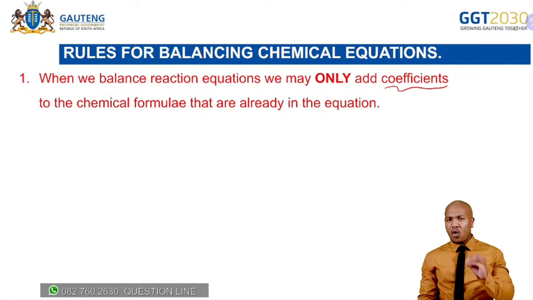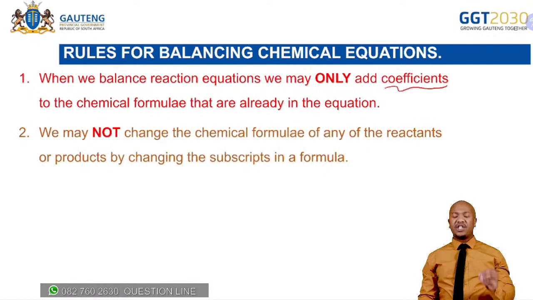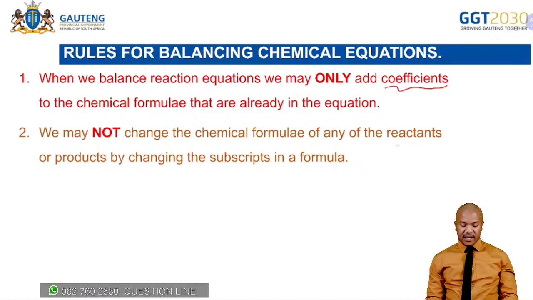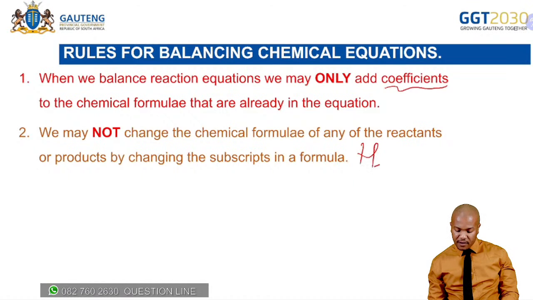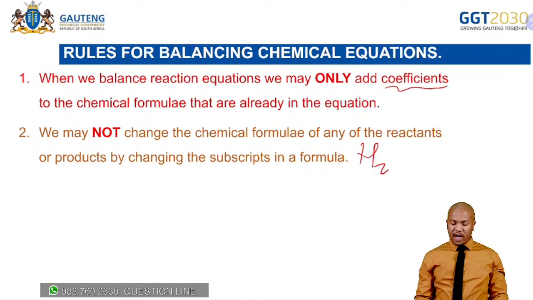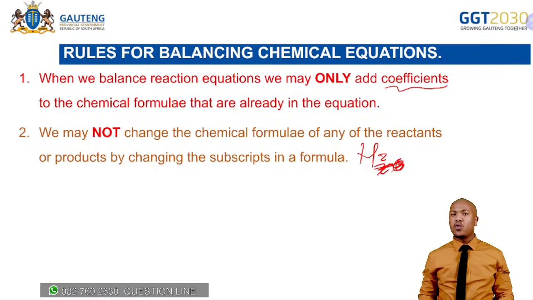Only add coefficients. Secondly, we may not change the chemical formula of any of the reactants or products by changing the subscripts. Meaning if you have such a subscript, you cannot change it and put 6 to balance the equation. You don't manipulate the what? The coefficient. It remains as 2.